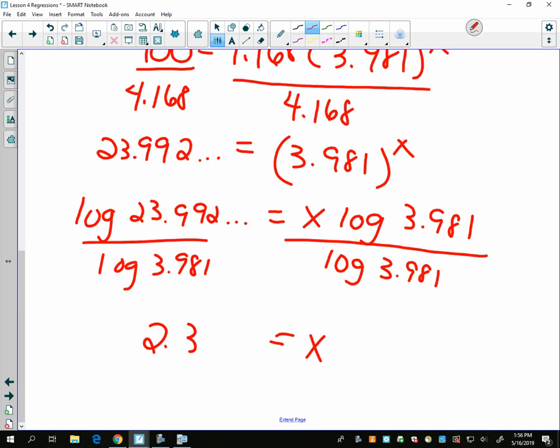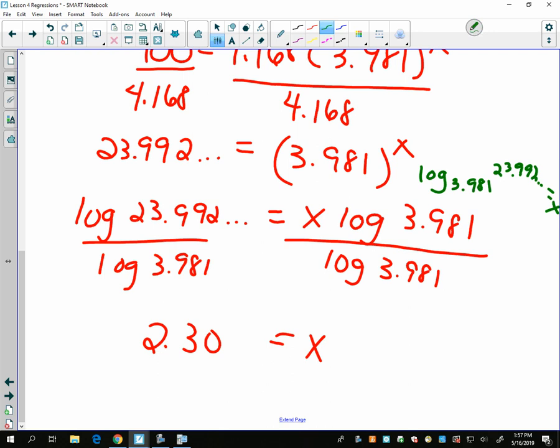Yes. Okay, so now, yes. Log base 3.981 of this equals x? Yes, you totally can. And then use the log base key in your calculator? Yes, if you prefer that, you can do it that way.